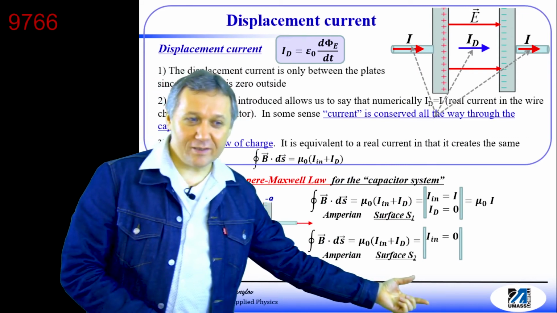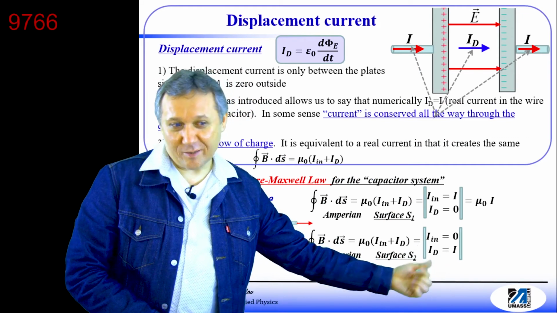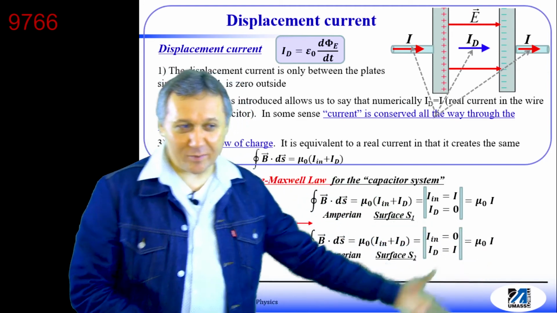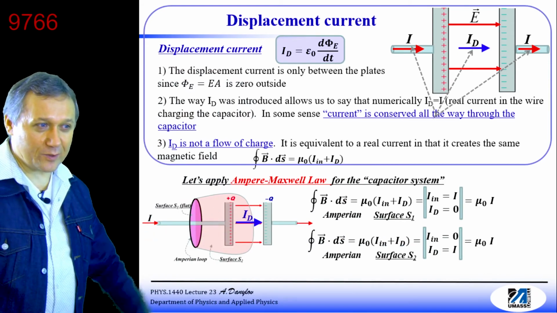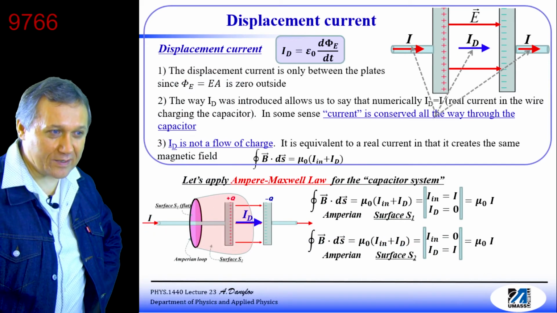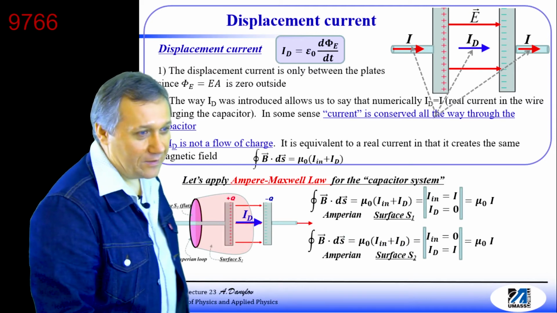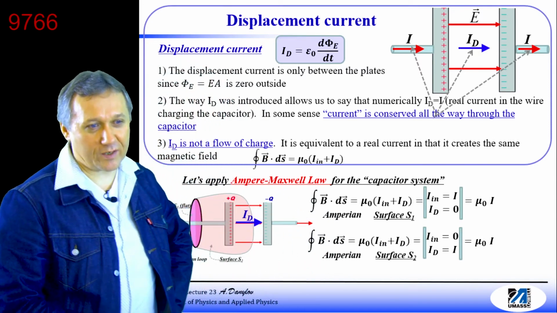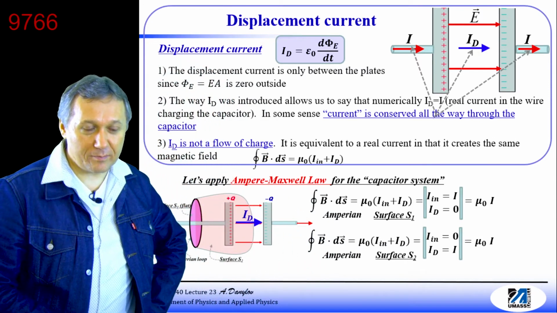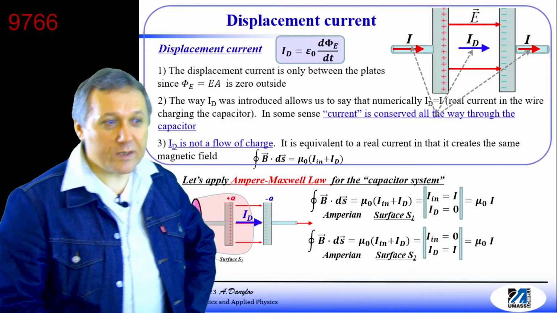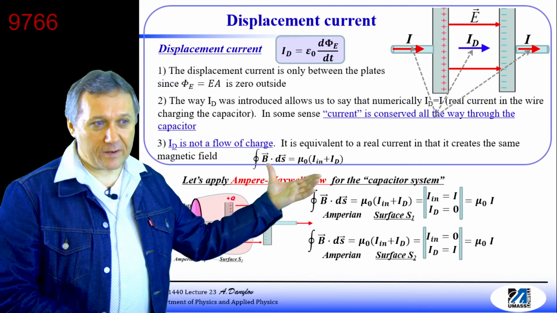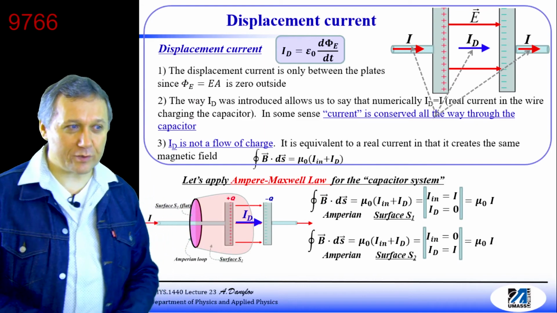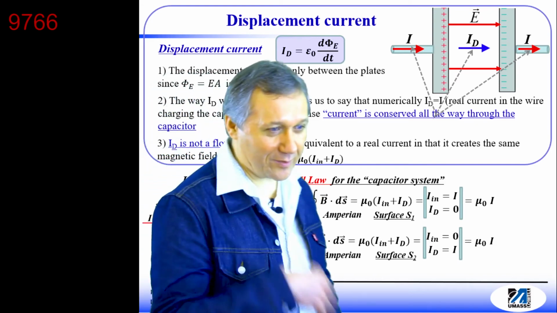So numerically, I D equals I. As a result, we're getting exactly the same result as we got for the surface S1. So both surfaces S1 and S2 give us exactly the same enclosed current at the end. So yes, Maxwell managed to fix the problem. This form of Ampere's law now is truly universal. Trust me, cross my heart.